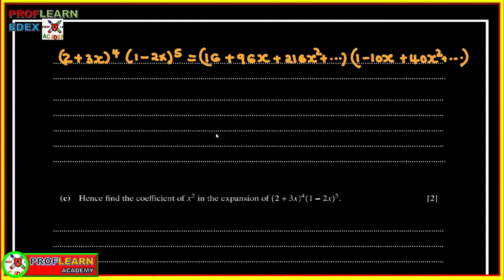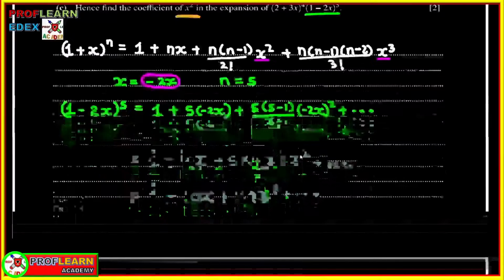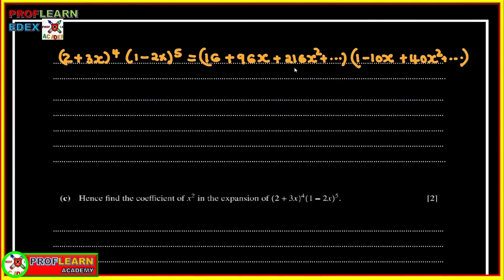All right, so once we have this, we are going to multiply the terms that are going to give us a coefficient, the terms that are going to give us x squared. So let us see, we are going to get x squared. So this term here and this will give us x squared. So this is going to be 216 x squared, terms that will give us the coefficient of x squared.